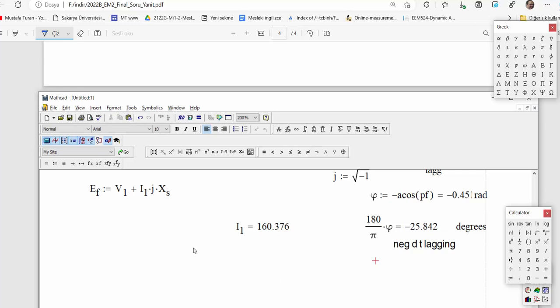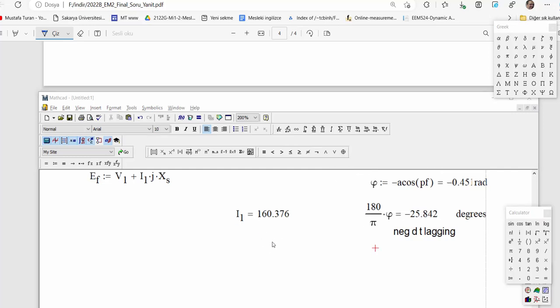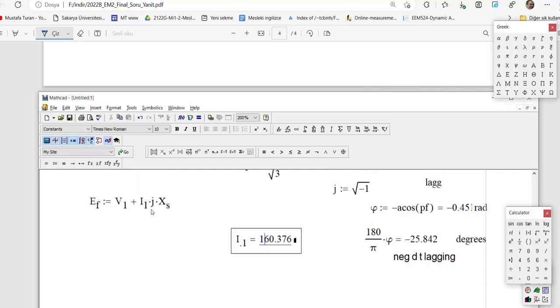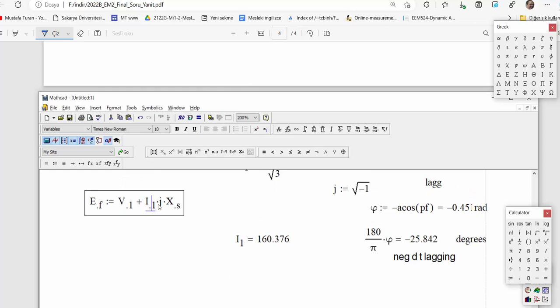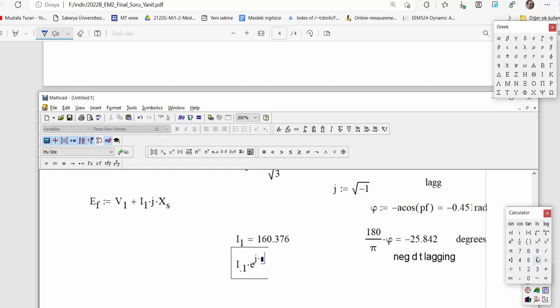Now, ladies and gentlemen, I change here. I write the phasor equation: I1 times e to the j phi. That is the phasor value of the current.